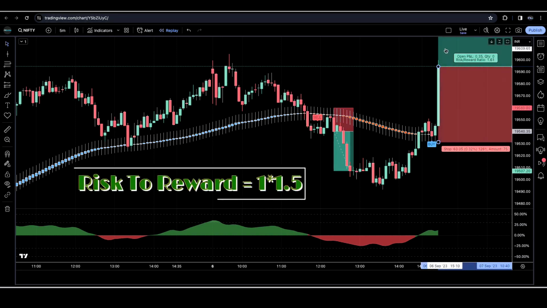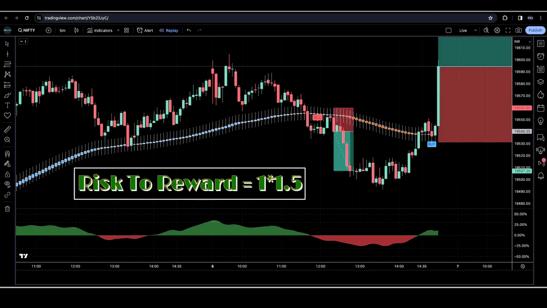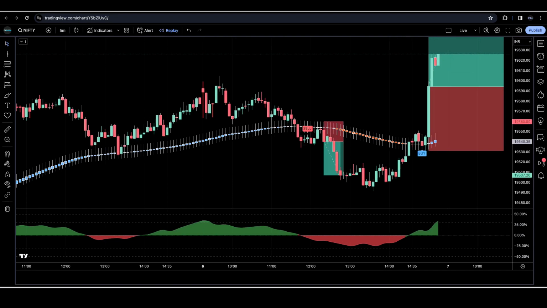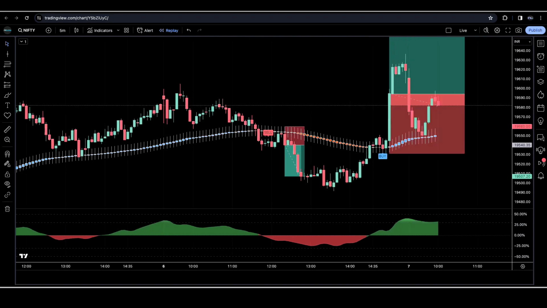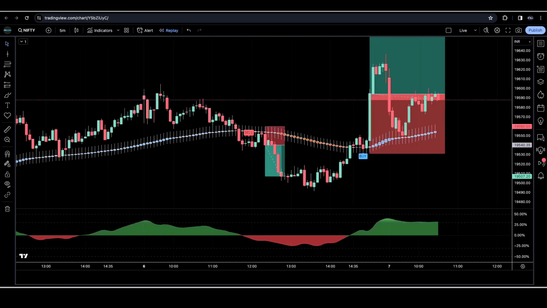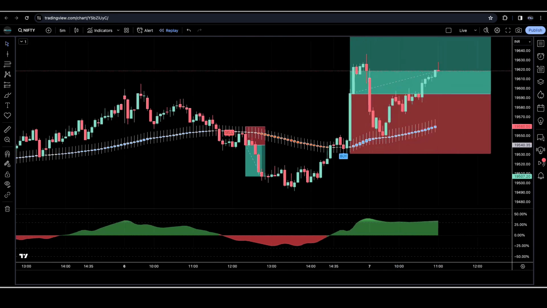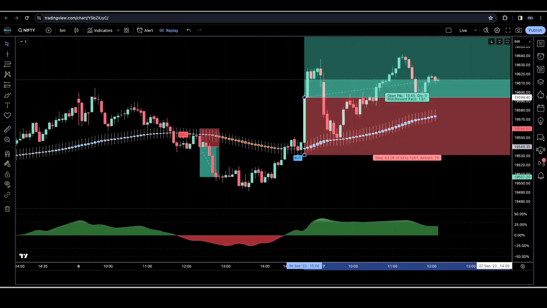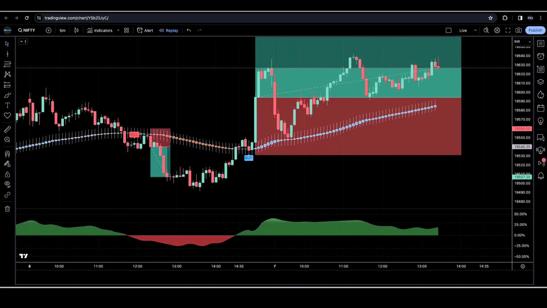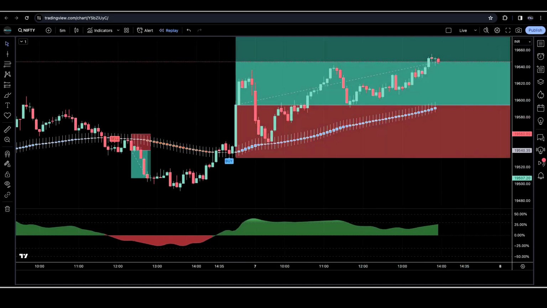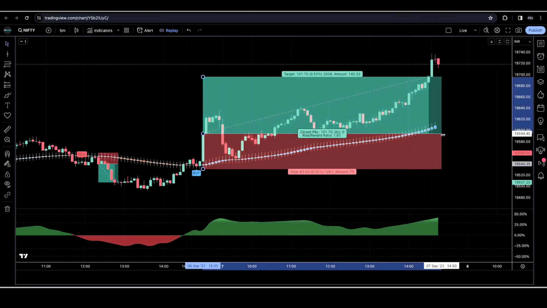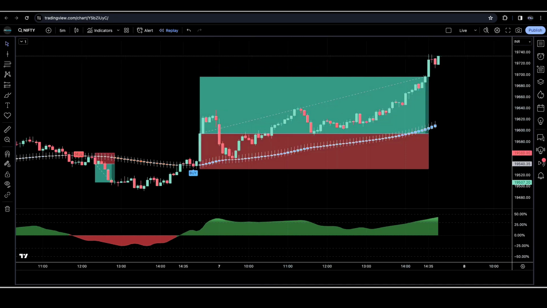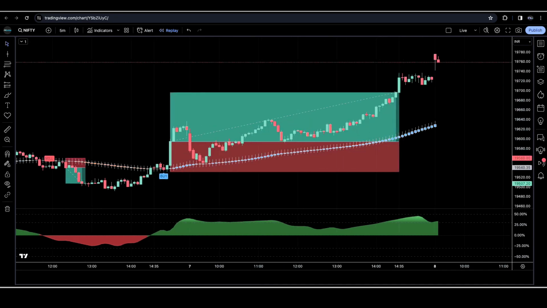And the risk to reward ratio will be 1 to 1.5. The market has completely hit the target. I hope you must have understood this trading strategy.